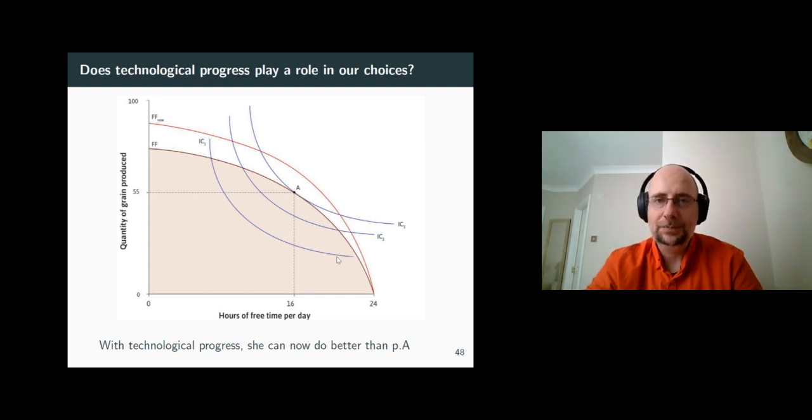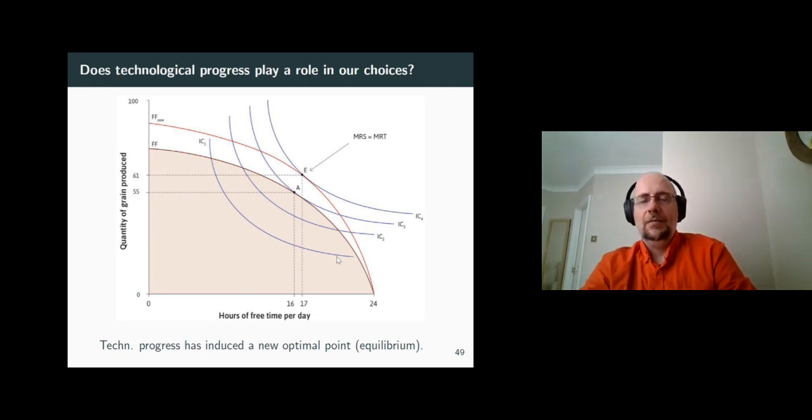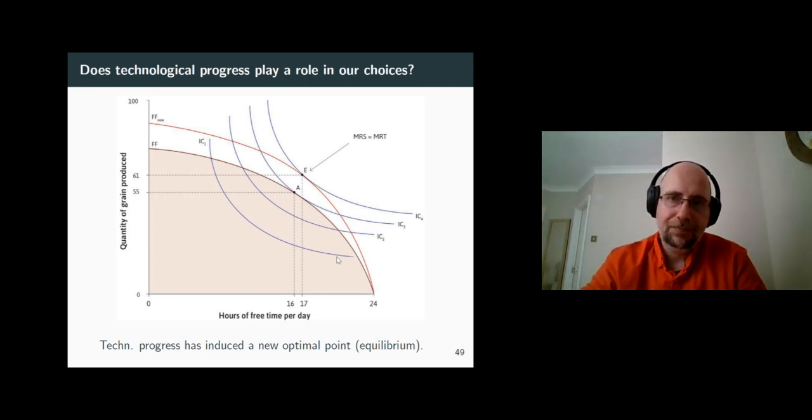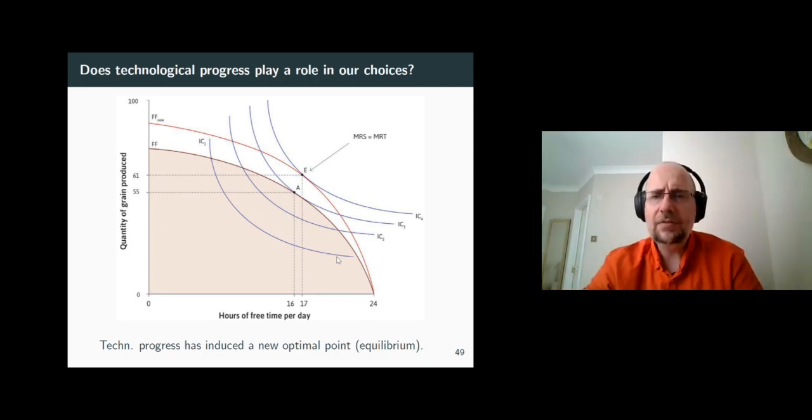But then what's optimal? The new optimal point for Angela is point E. In this new point E, we have that the slope of the feasibility constraint is equal to the slope of the indifference curve. In other words, the marginal rate of transformation is again equal to the marginal rate of substitution for Angela.